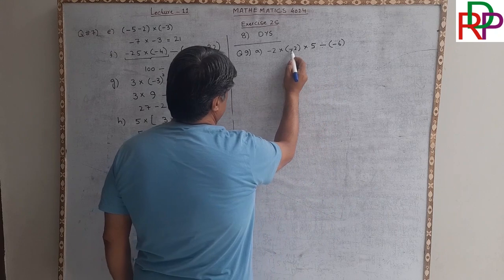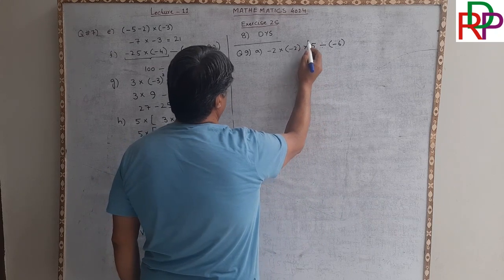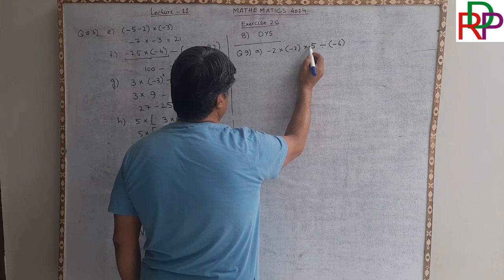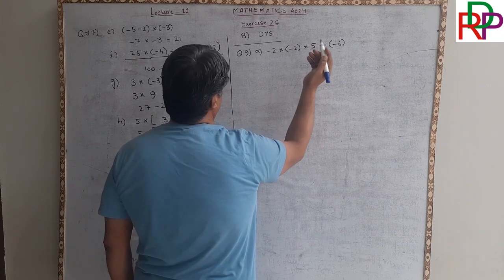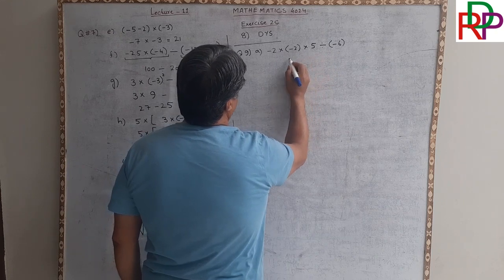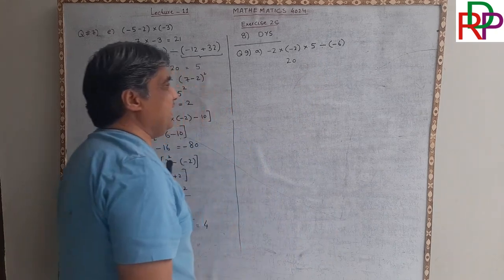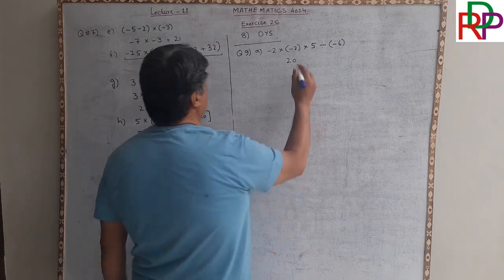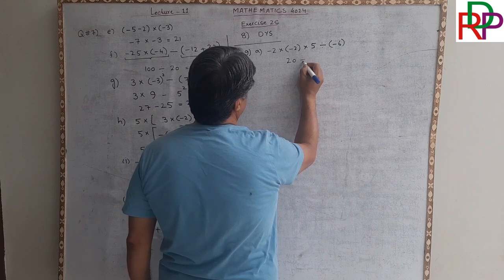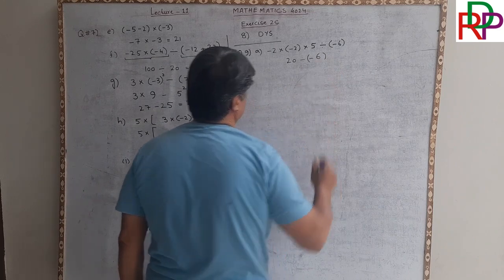When minus is multiplied with minus, it will give you positive, and when positive is multiplied with positive, it will give you positive. 2 twos are 4, 4 fives are 20. And then we have the division symbol, and that is minus 6.